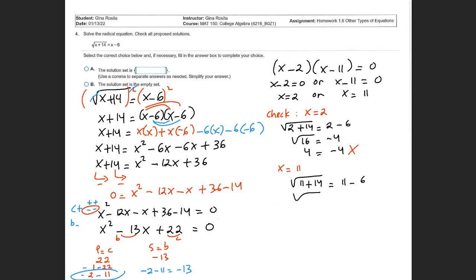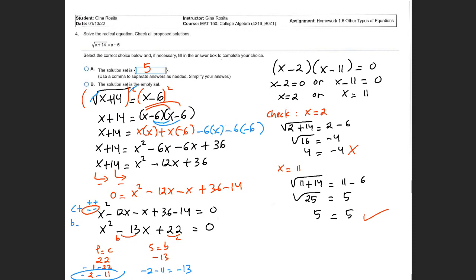Square root of 25 equals 5. Square root of 25 is 5, the positive one, equals 5. So 5 equals 5? Yes. Check. So the solution is only x equals 11.